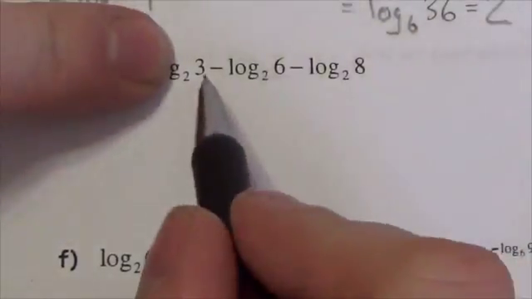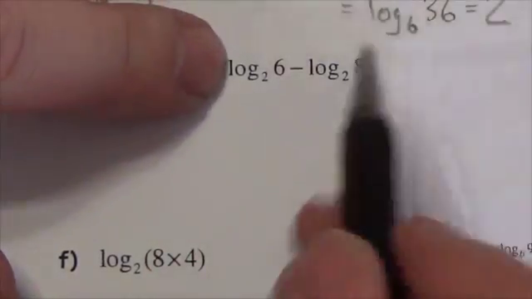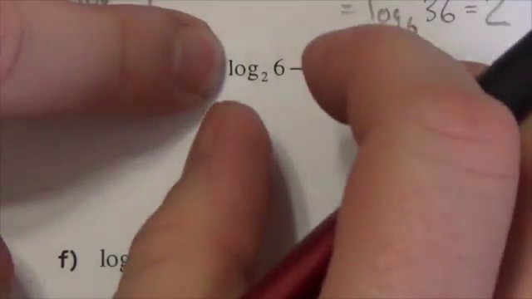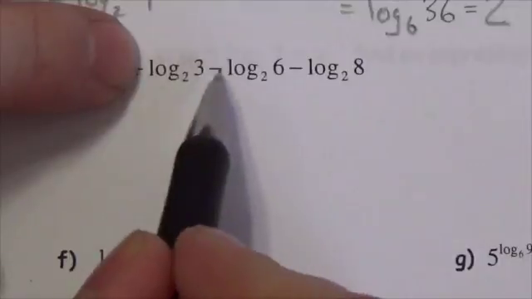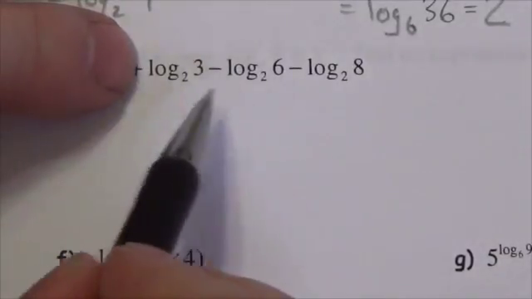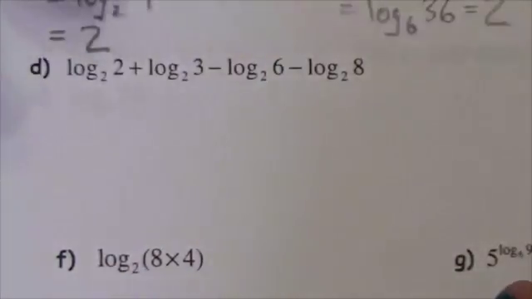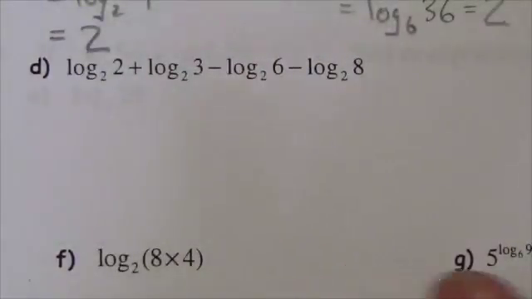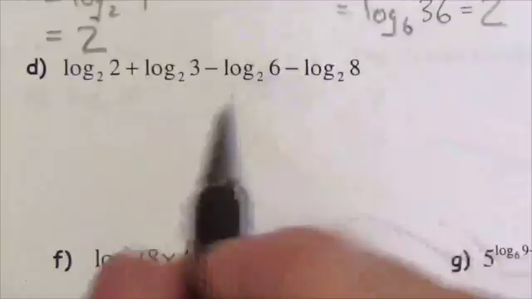For example, they ignore this negative right here and go, that's log base 2 of 6 divided by 8, and then they put this subtraction in there and try to make it division again. But that's not at all the way that works. Okay, you're going the wrong way with this.